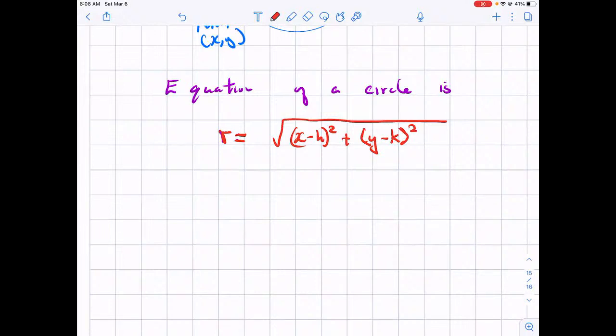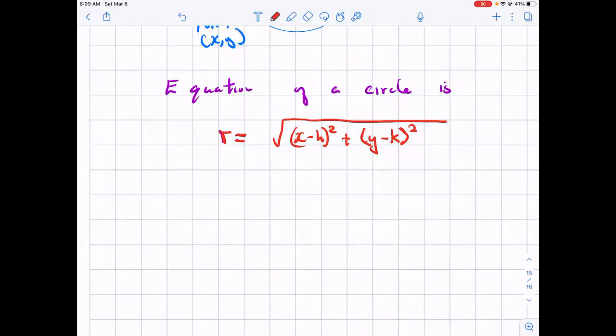So by squaring each side of this equation, okay, if we square both sides of this equation, we also have the equation of a circle if centered at 0. So the standard form, so that's the equation of a circle in general.